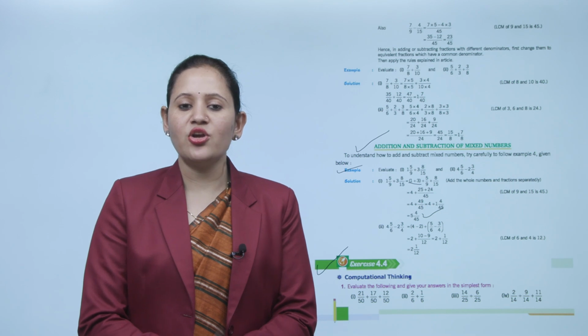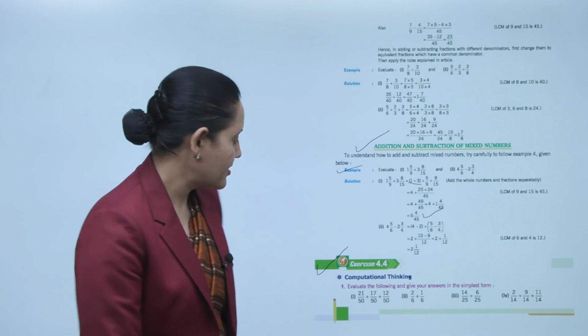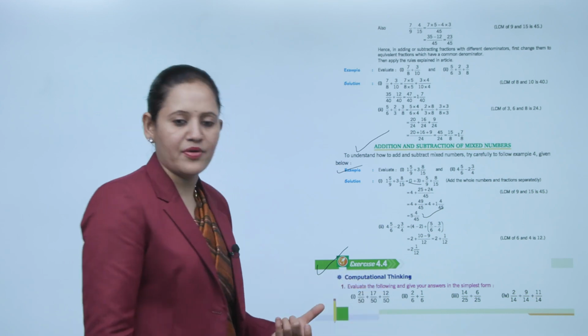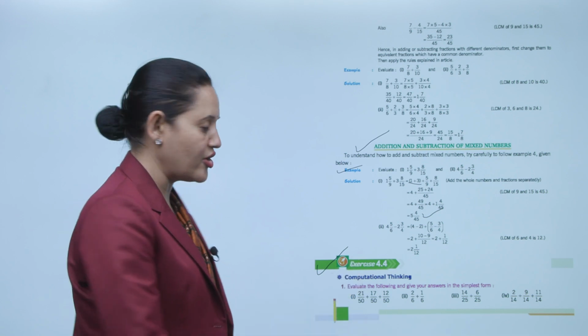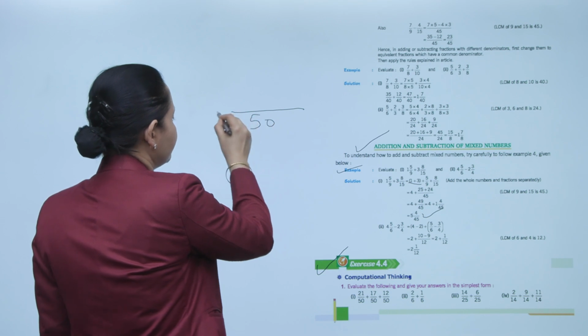Computational thinking. Evaluate the following and give your answers in the simple form. So 21 upon 50 plus 17 upon 50 plus 12 upon 50. All these are like fractions, the denominators are the same. So simply we will add the numerators.